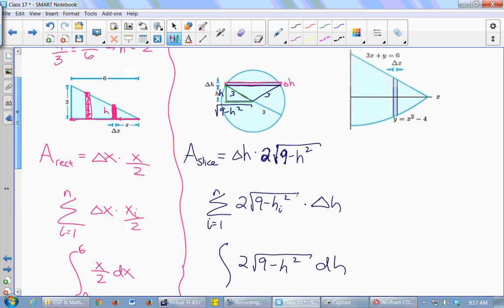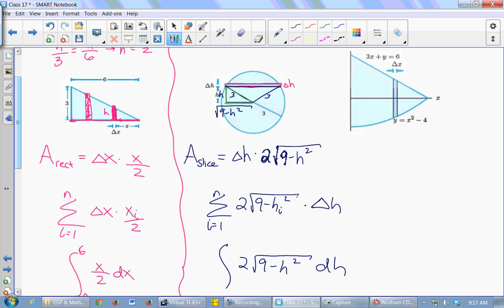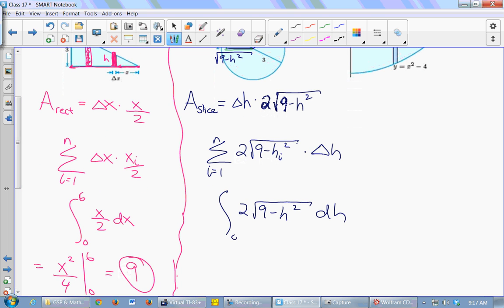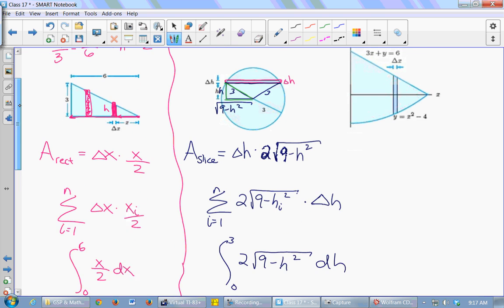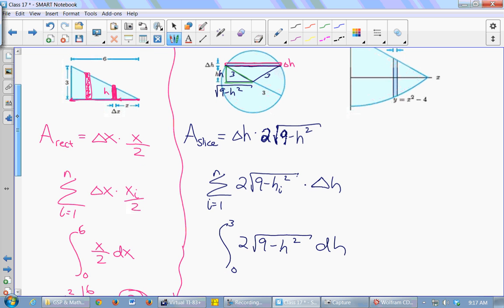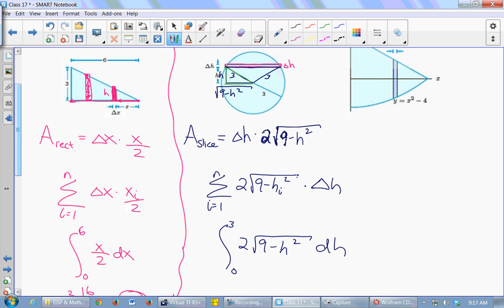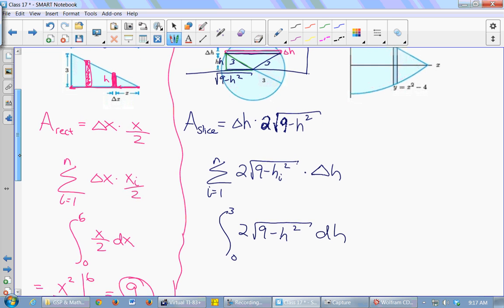And then what should I use as my bounds of integration? h is going to go from what to what? 0 to 3. Yeah. And when I find that integral, what's it going to tell me? Close. It's going to be half the area. Because if I start at 0 and go to 3, I'm just getting that much. Right? So I should double it to get the area of my circle.